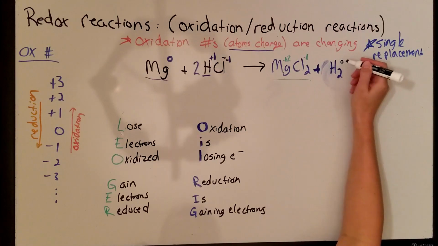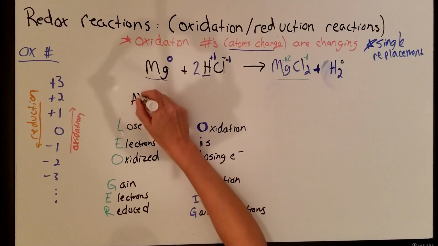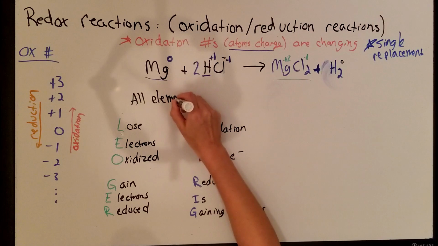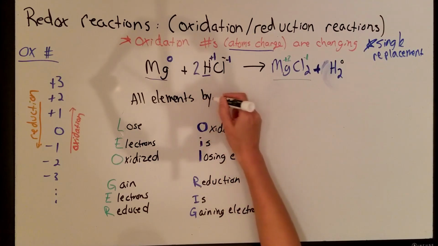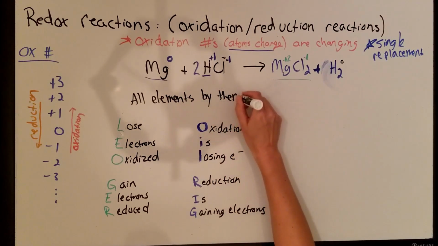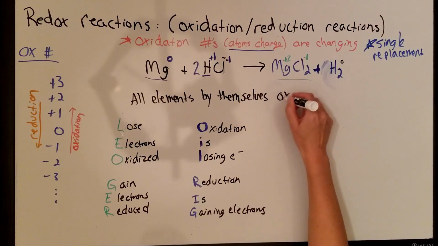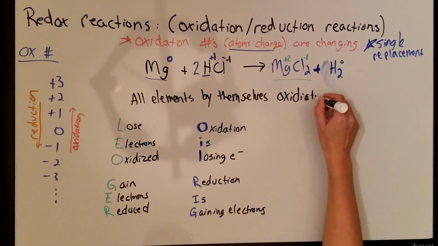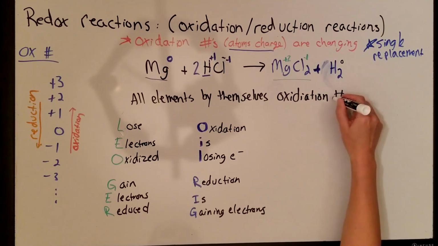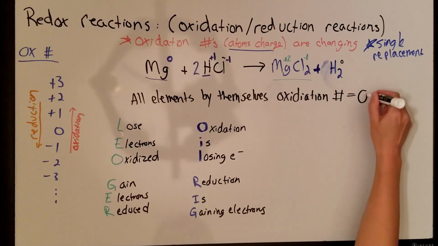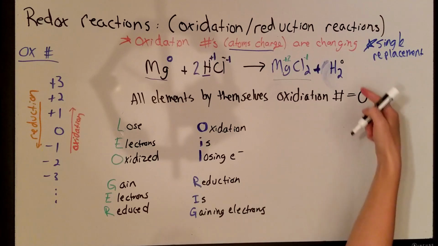So all elements by themselves, meaning not in a compound, their oxidation number is 0, meaning their charge is 0.